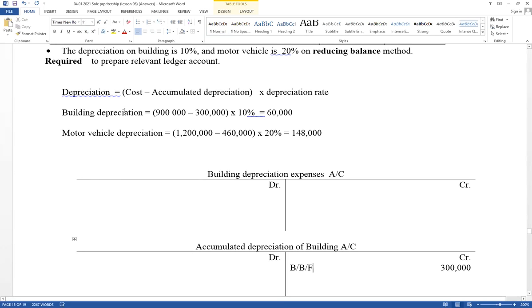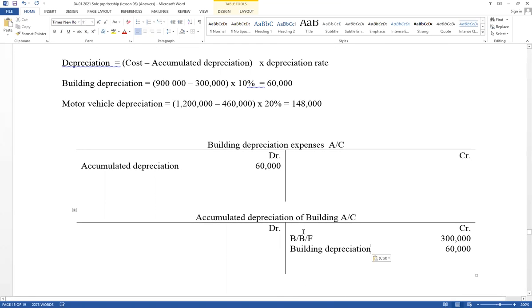Then annual depreciation equals 60,000. Double entry: depreciation expense account debit, accumulated depreciation account credit, value equals 60,000. Therefore, in the building depreciation account, debit as accumulated depreciation, and in the accumulated depreciation account, credit as building depreciation, the name of the other ledger accounts.